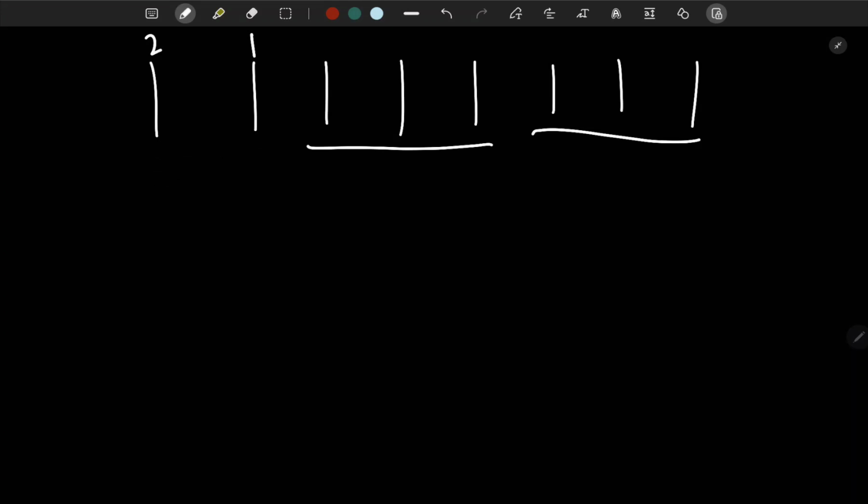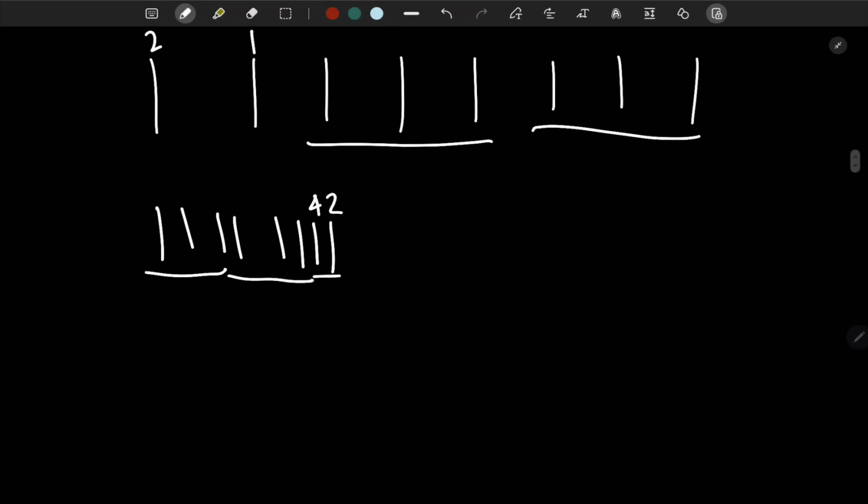And now imagine if you started grouping from the leftmost. So if we did that, let me just write it quickly again. So these will be the first 3, and then this, and then this. So that is not going to be right since it's going to be 4 and 2.